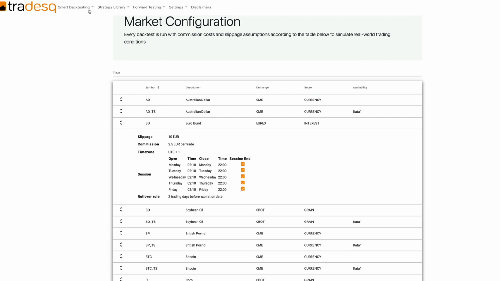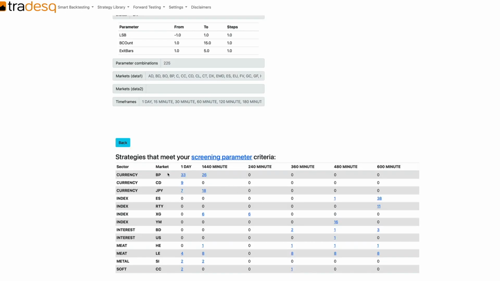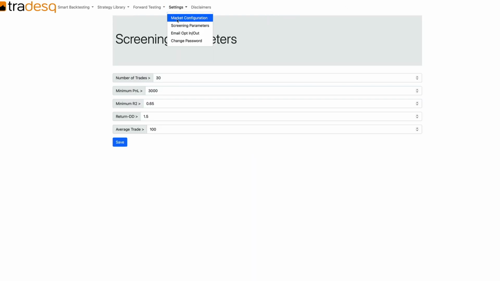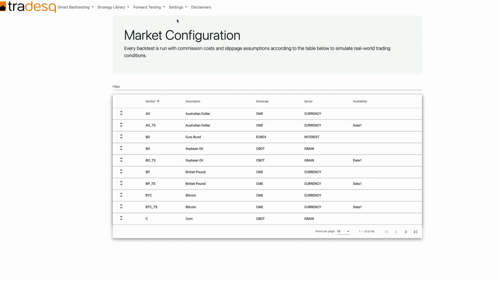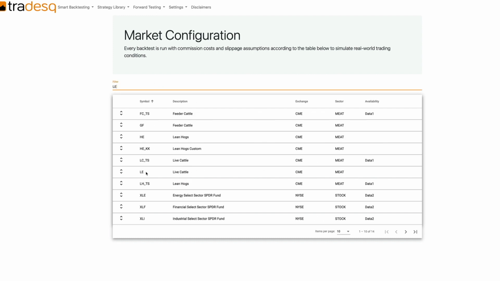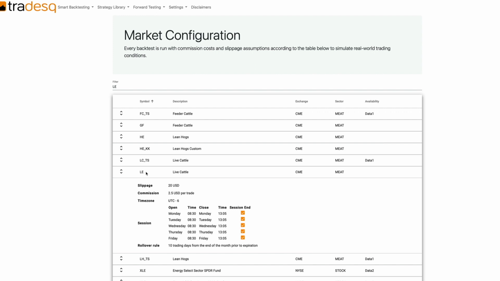So if we go back to our strategy, and let's say we wanted to pursue our lean hogs, so it's LE, market configuration, LE, this one, so it was live cattle, and we could see what the slippage and commission was, as well as what the sessions were, as well as the rollover information.